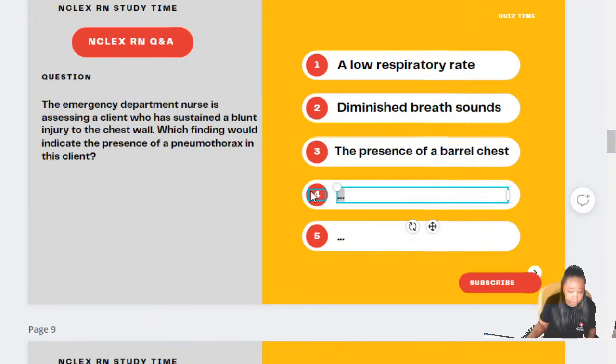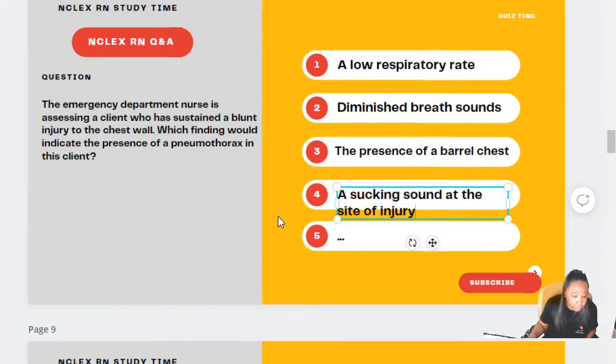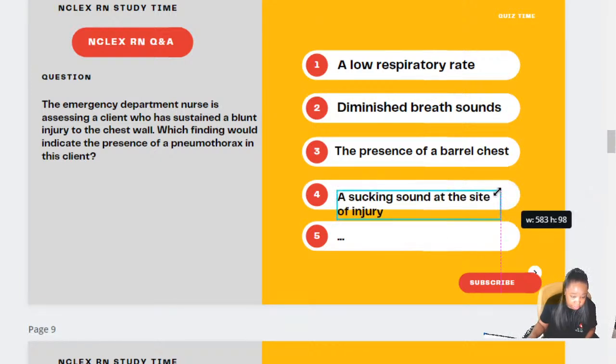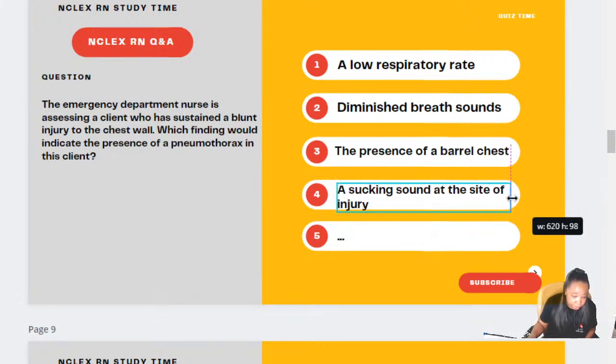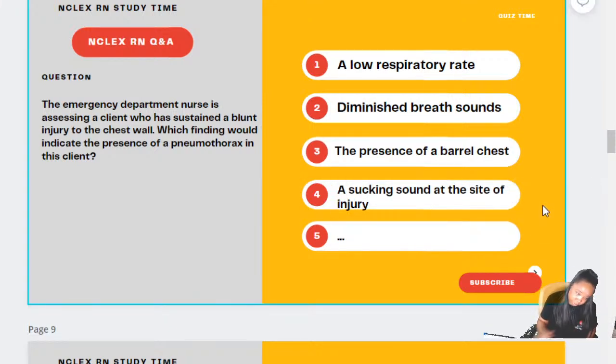The last one says a sucking sound at the site of the injury. Let's say the patient has a pneumothorax on the left side, and each time the patient takes a breath, you hear a sucking sound.